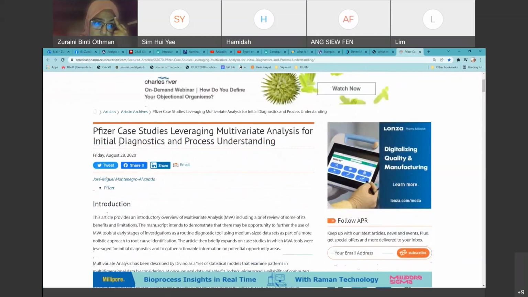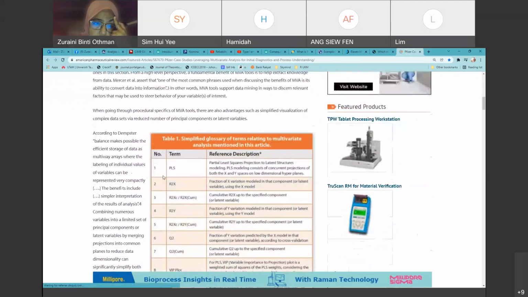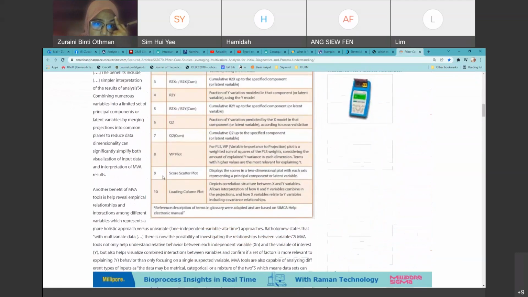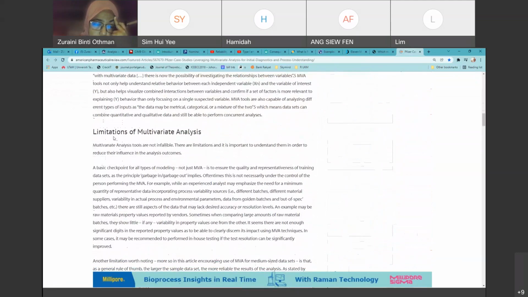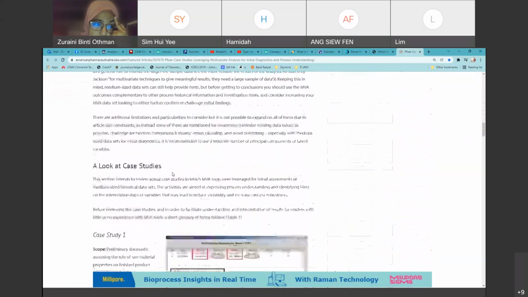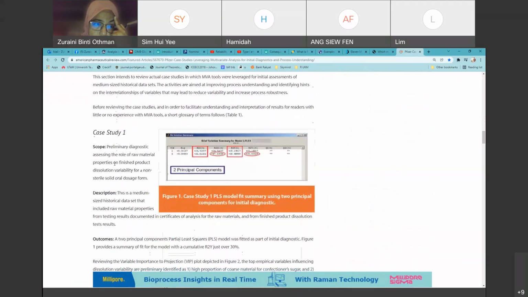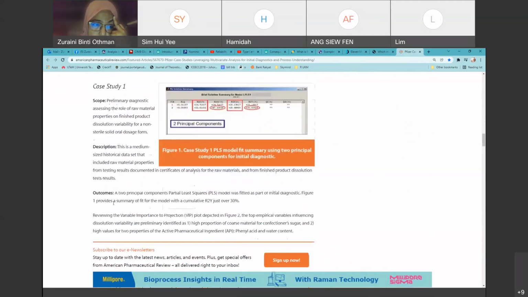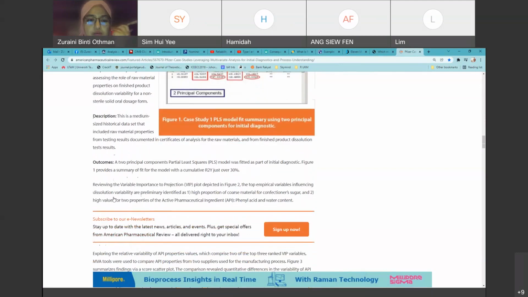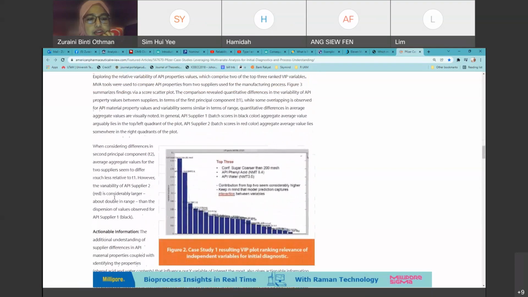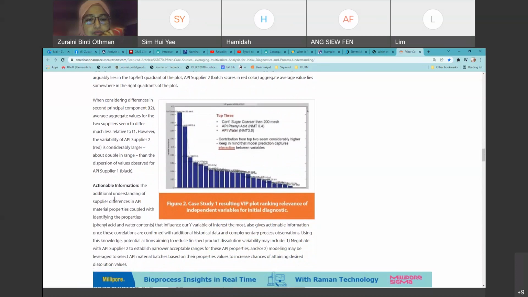Okay, the initial diagnostic and process understanding. Go through this, what they do, and this is the limitation of multivariate analysis, and look at a case study. Okay, first case study. This is the scope and description and what the outcome is.